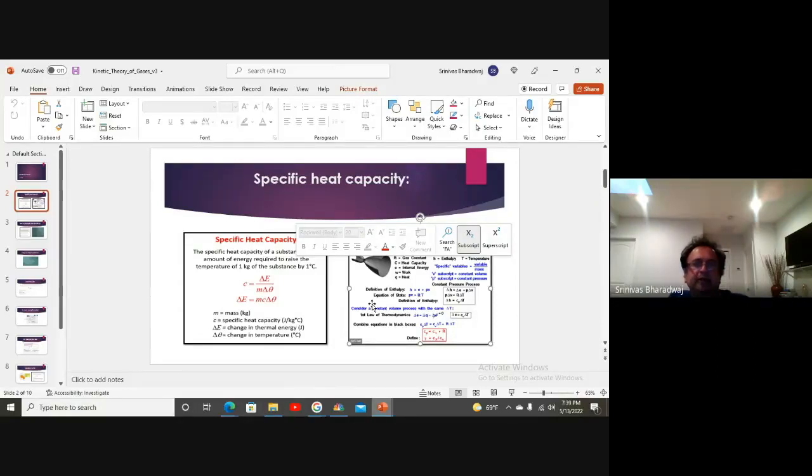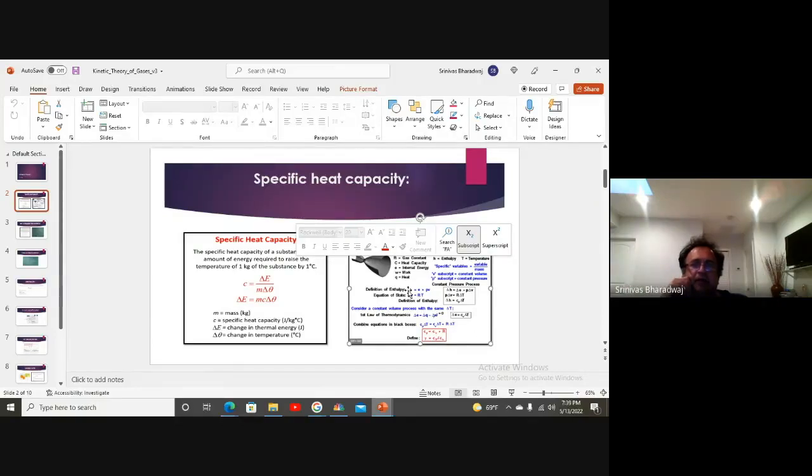So remember this equation: H equals E plus PV. E is the internal energy, right? So delta H equals delta E plus P delta V. P delta V equals R delta T. PV equals nRT, and therefore you have delta H equals Cp times delta T. Therefore Cp equals Cv plus R. What does that mean?